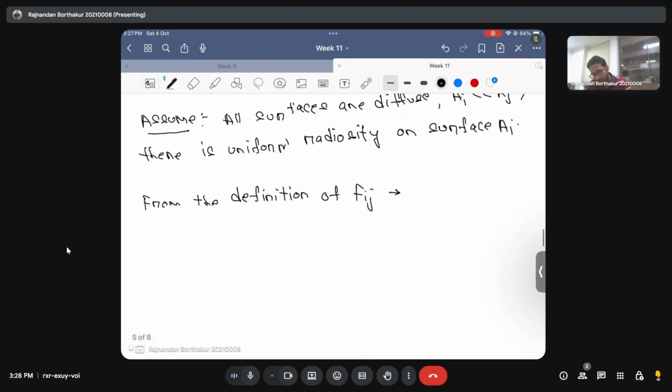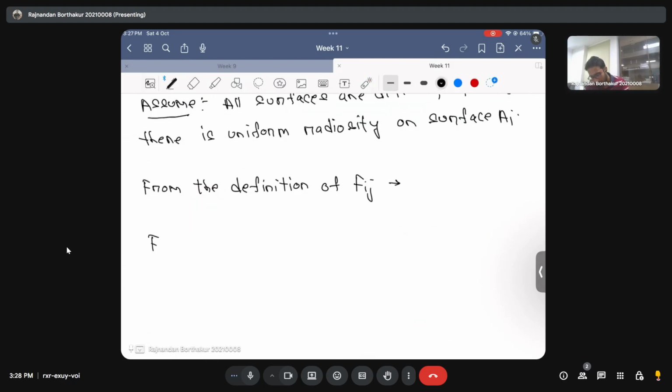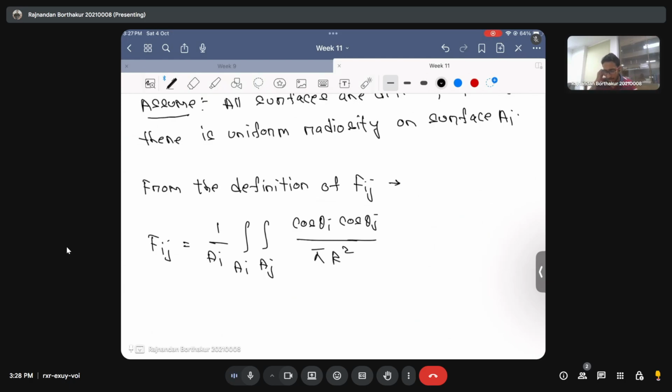J, is given as Fij is equal to 1 upon Ai integral over Ai integral over Aj cos theta I cos theta j divided by pi r square, where we will see what r is in this scenario, and it is integrated over daj dai.